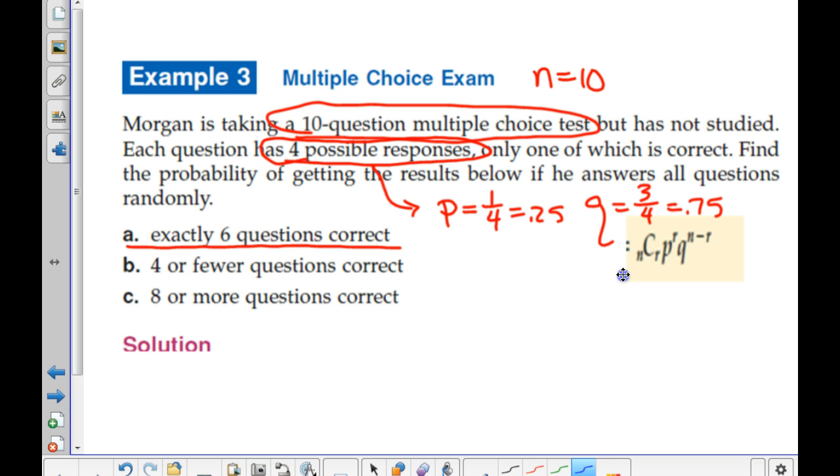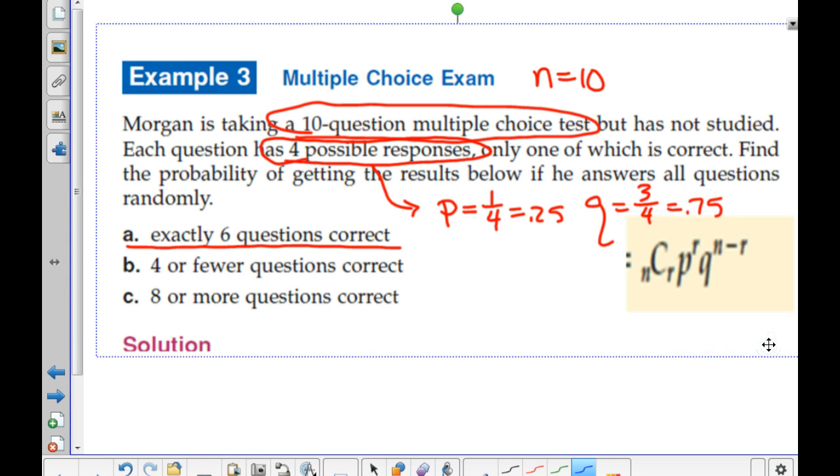Here's the formula. 10C6, then what? Which is 0.25 to the 6th. And 0.75 to the what? How many do you have to get wrong to get exactly 6 right?